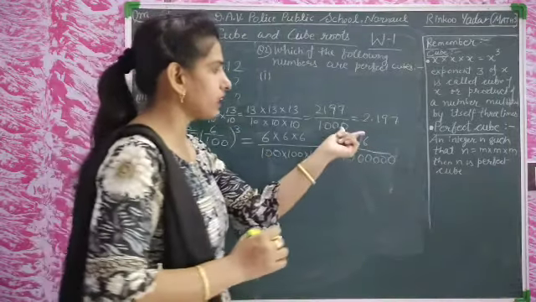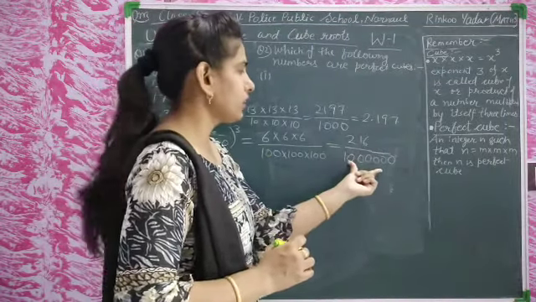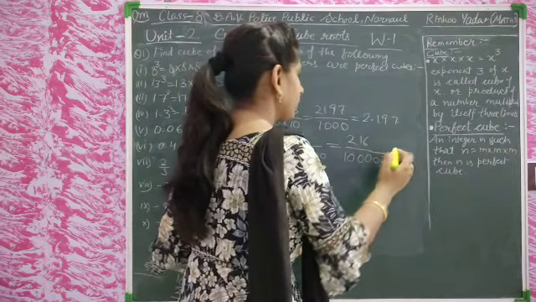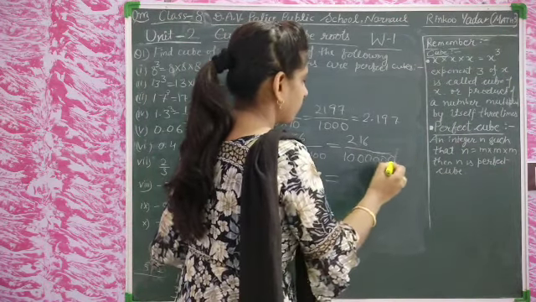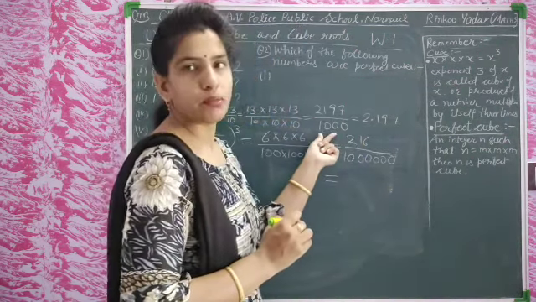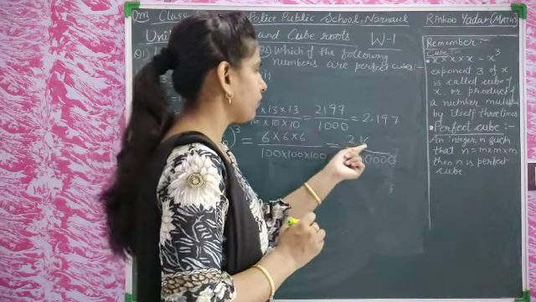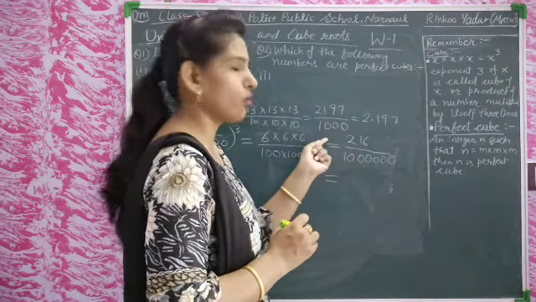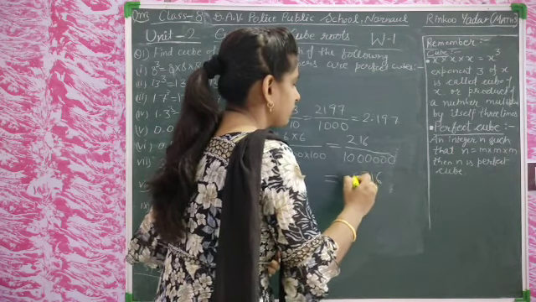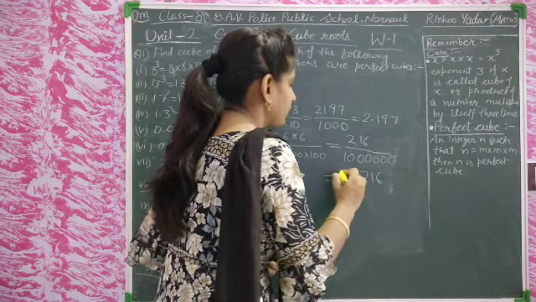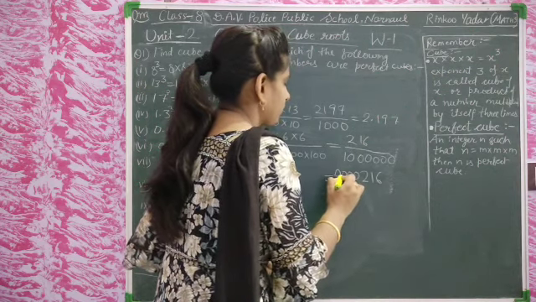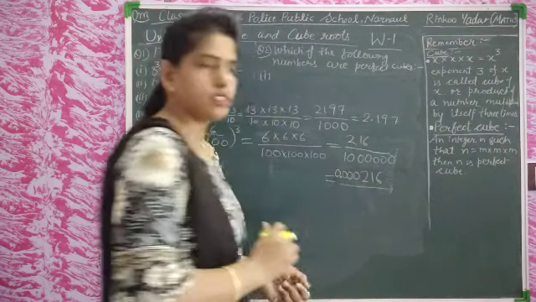Now we put the decimal after deleting the zeros: after 6 digits we place the decimal. This is the answer here.